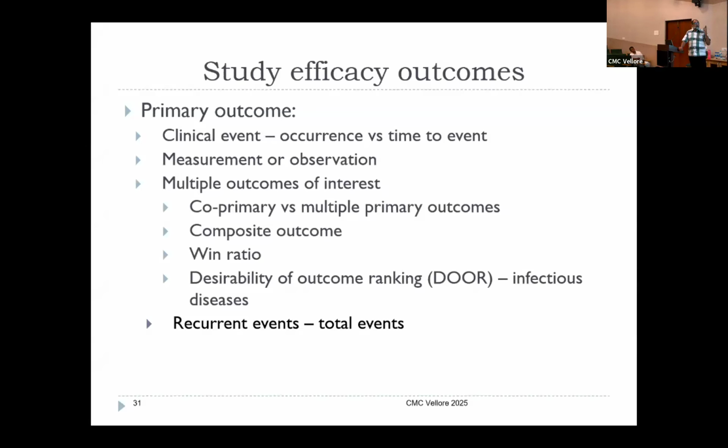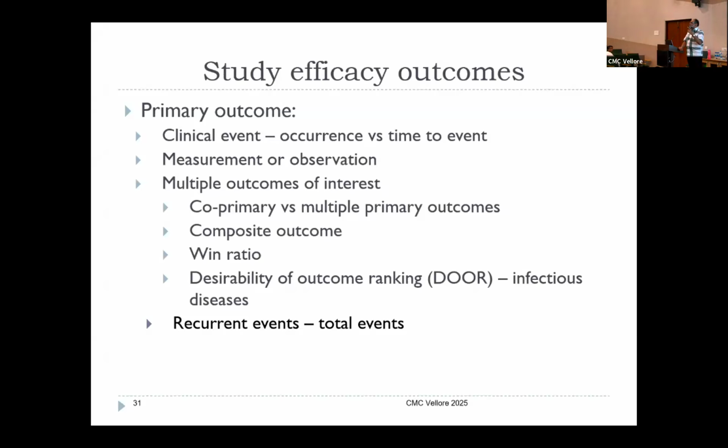But as I said, we always have multiple outcomes of interest. How do we handle this? There are different ways that we handle it, and we'll be discussing some of this. Nowadays, people want to study everything that happens. So when you don't die of your heart attack, but we continue to follow you, you may have another heart attack.